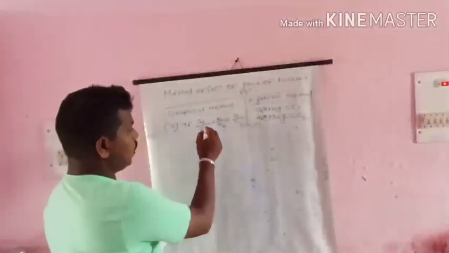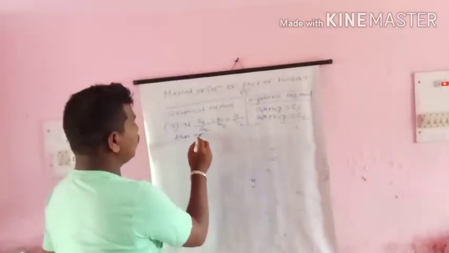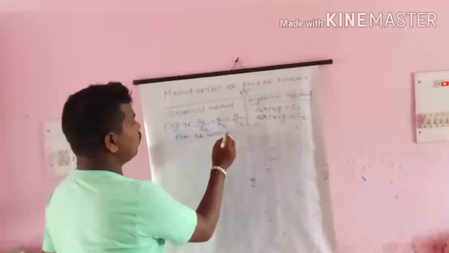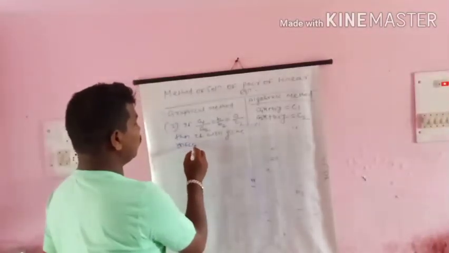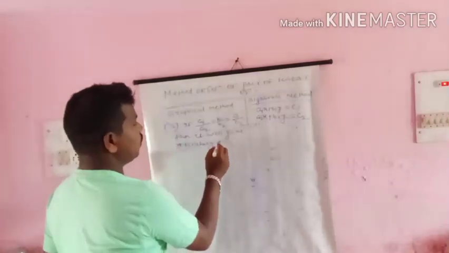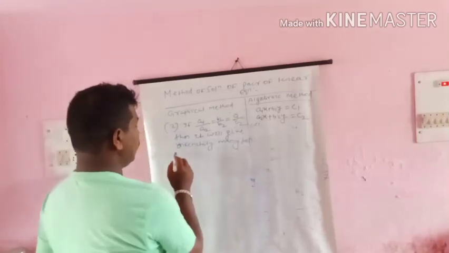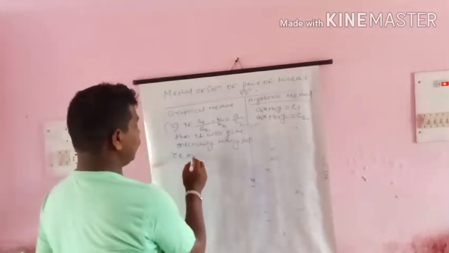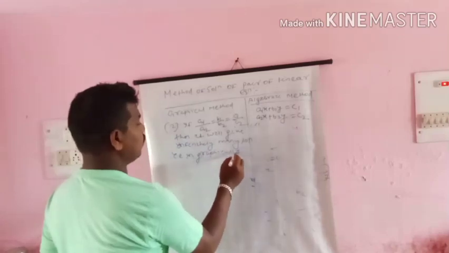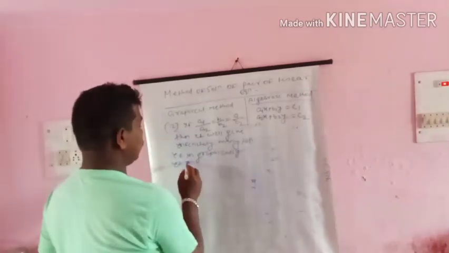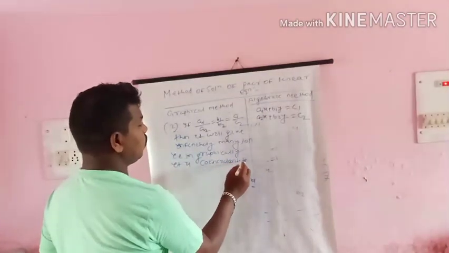If a1 by a2 equal to b1 by b2 equal to c1 by c2, then it will give infinitely many solutions. Graphically, it is a coincident line.